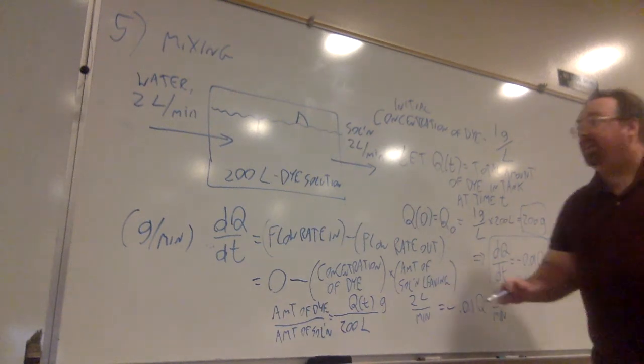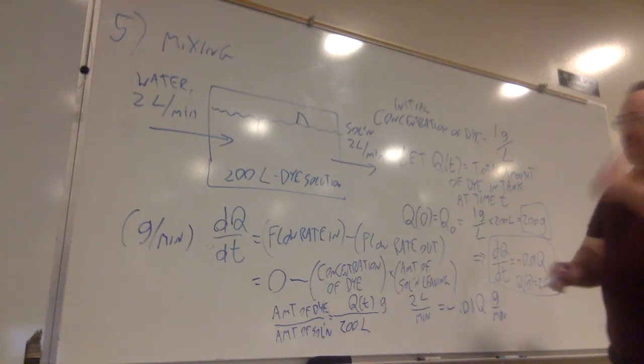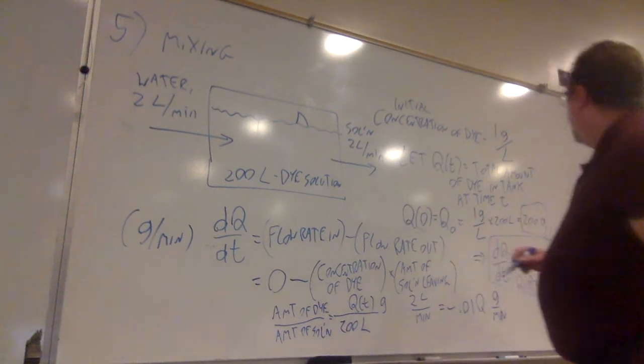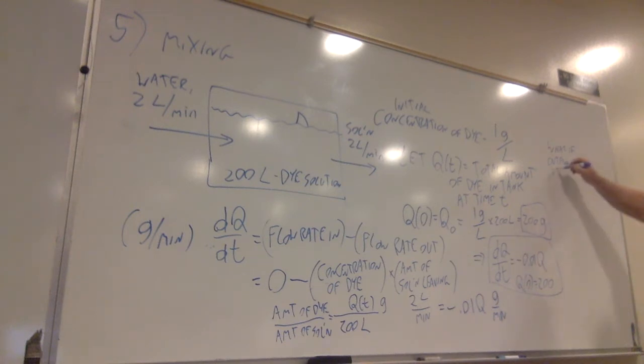So if the inflow and outflow rates are still constant, but different, what if the outflow rate is equal to 3 liters per minute? Then the net flow rate is 1 liter per minute leaving.